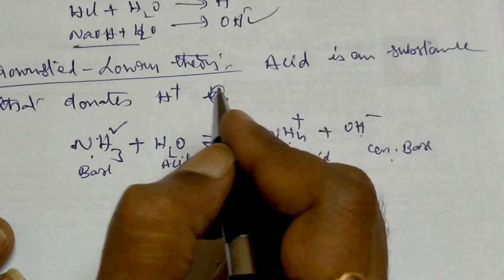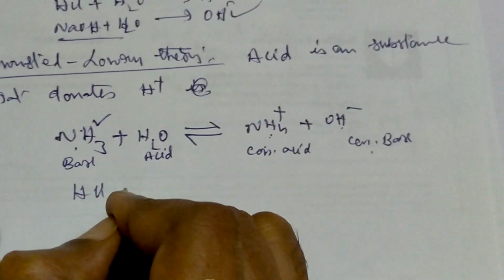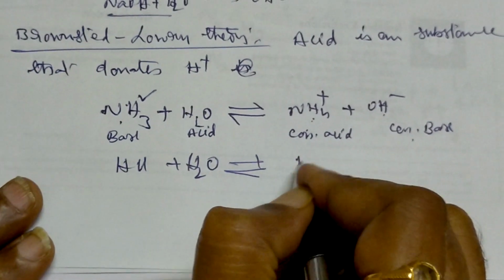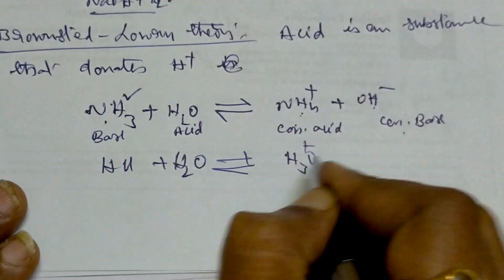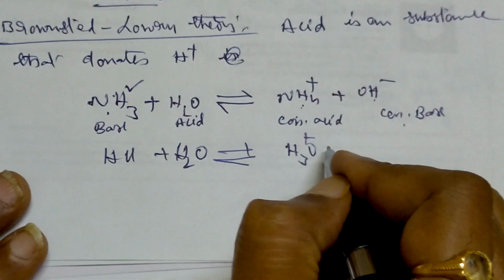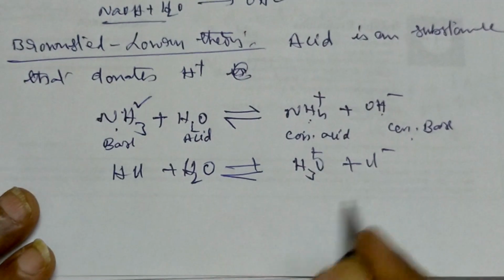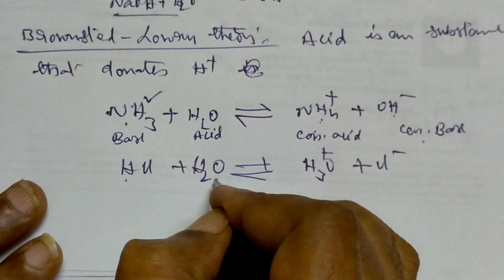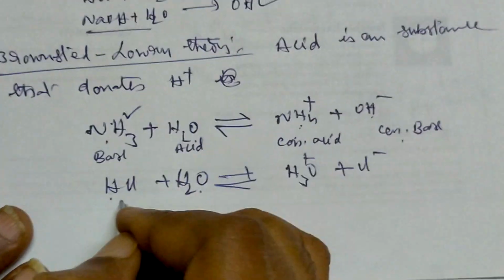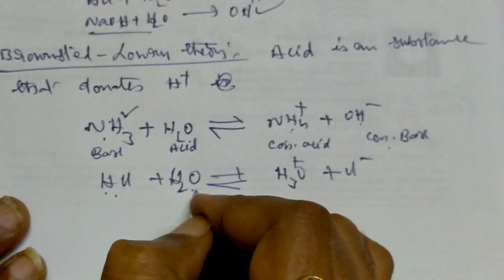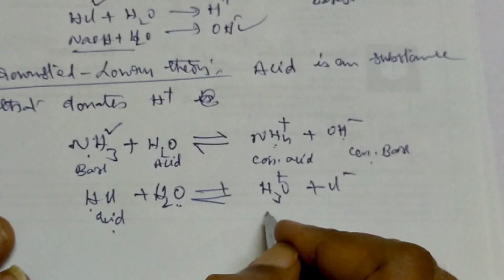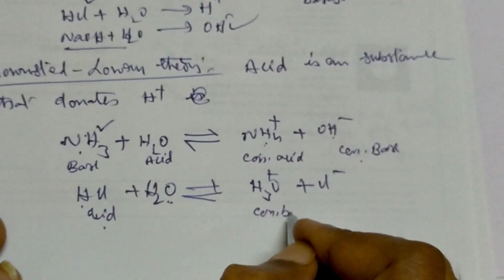Similarly, one more example: HCl plus water gives H3O plus, the hydronium ion, and chloride ion. Here there is no OH, but HCl is giving H plus to H2O, so HCl is an acid. The chloride ion is its conjugate base.